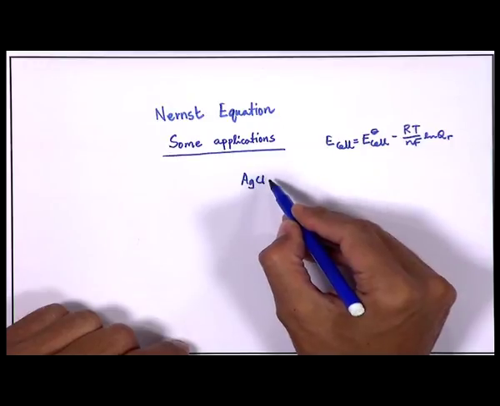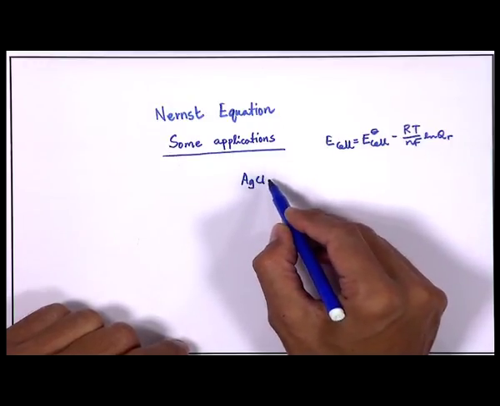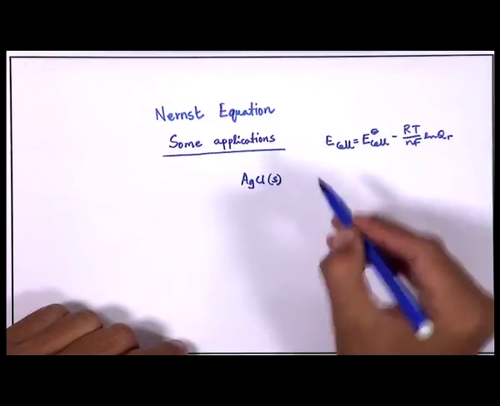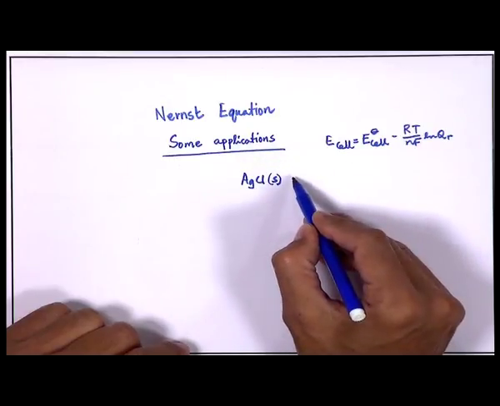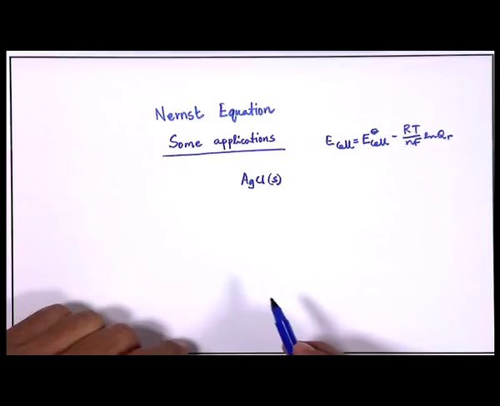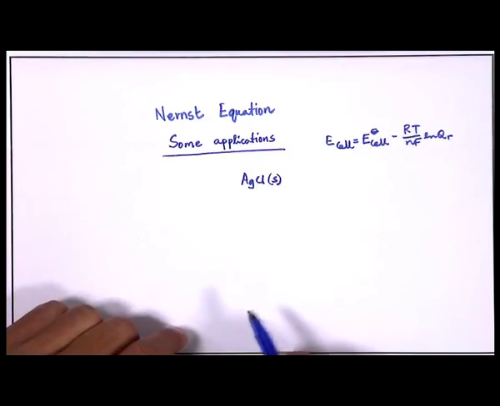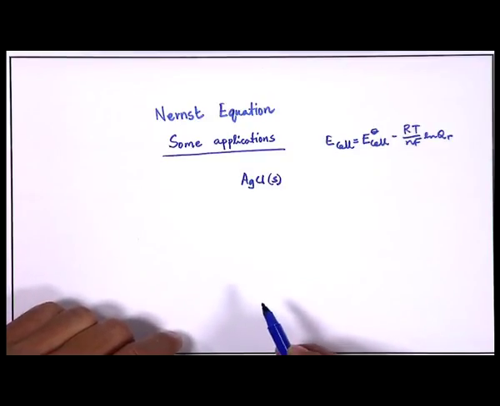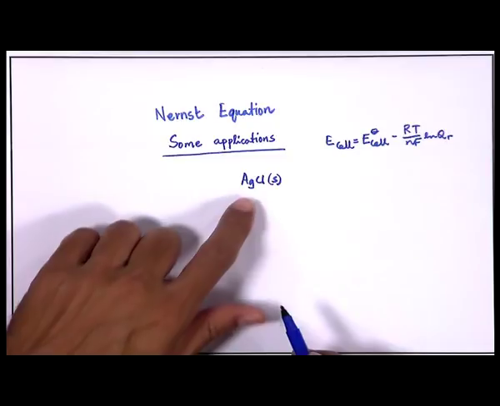When you try to dissolve silver chloride solid, it appears that it is not at all soluble, unlike sodium chloride. If you add sodium chloride, that is regular salt, to water, it is completely soluble, but this one is not soluble.